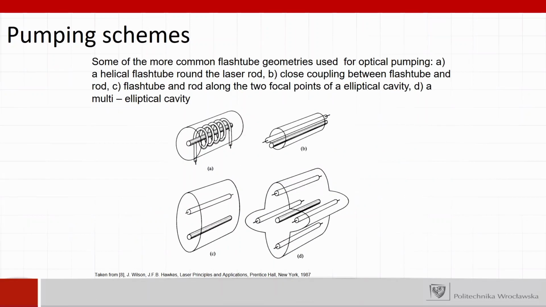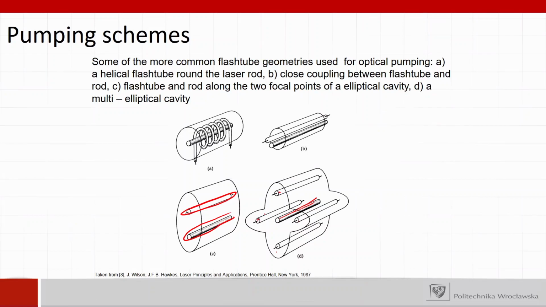For that, people also use different geometries, like elliptical structures, where you have the rod and the lamp placed in the two focal points of this ellipse, or one rod and a double elliptical shape, where we have 4 lamps and 1 rod.